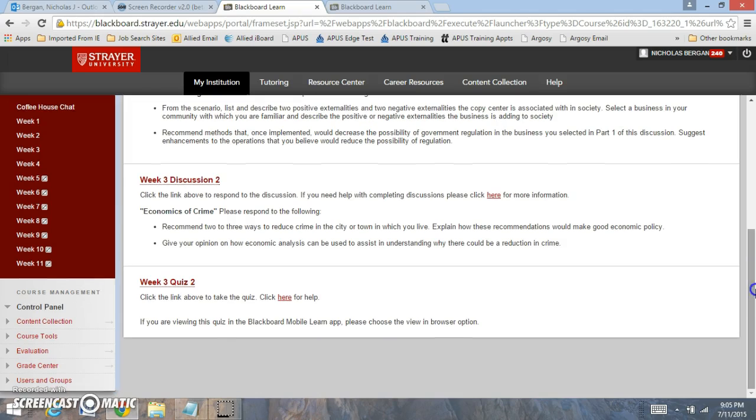For the week 3 discussion number 2, we're looking at economics of crime. You're going to respond with 2 or 3 ways to reduce crime in the city or town in which you live, explain these recommendations, and then give opinions of how this economic analysis can be used to understand the reduction in crime. You need to support your work with that APA formatted in-text citation and reference.